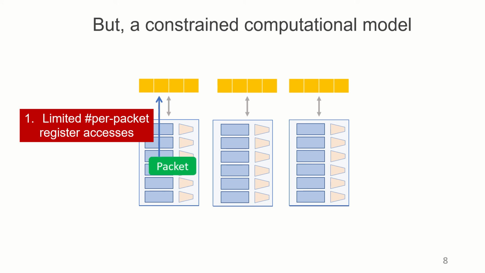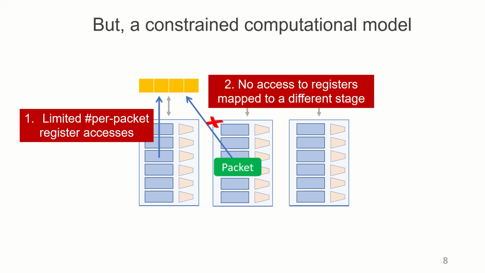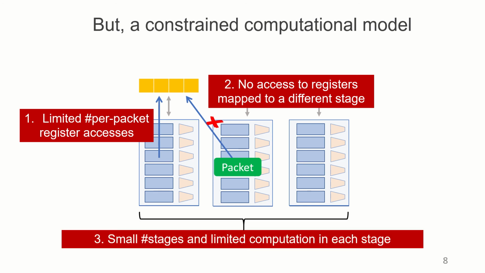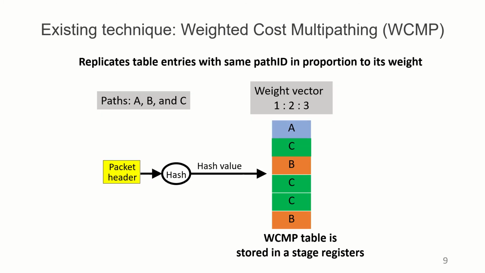Second, when the packet moves on, it cannot access the registers in the previous stages. Finally, because of the hardware limitation, the algorithm on the switches cannot be too complicated. Now we know the constraints. Next, I will show you some strawman solutions and how they violate those constraints.